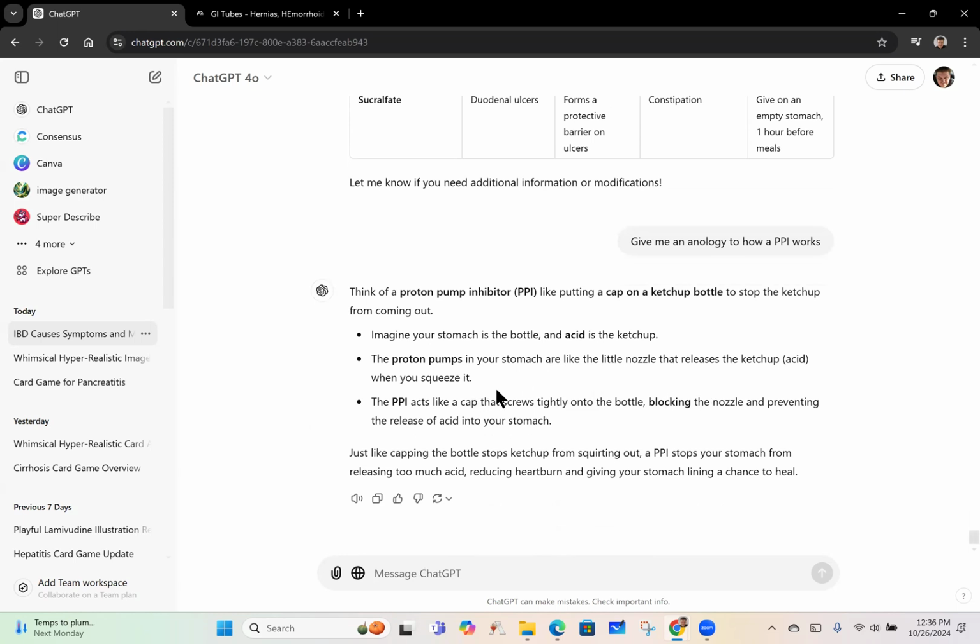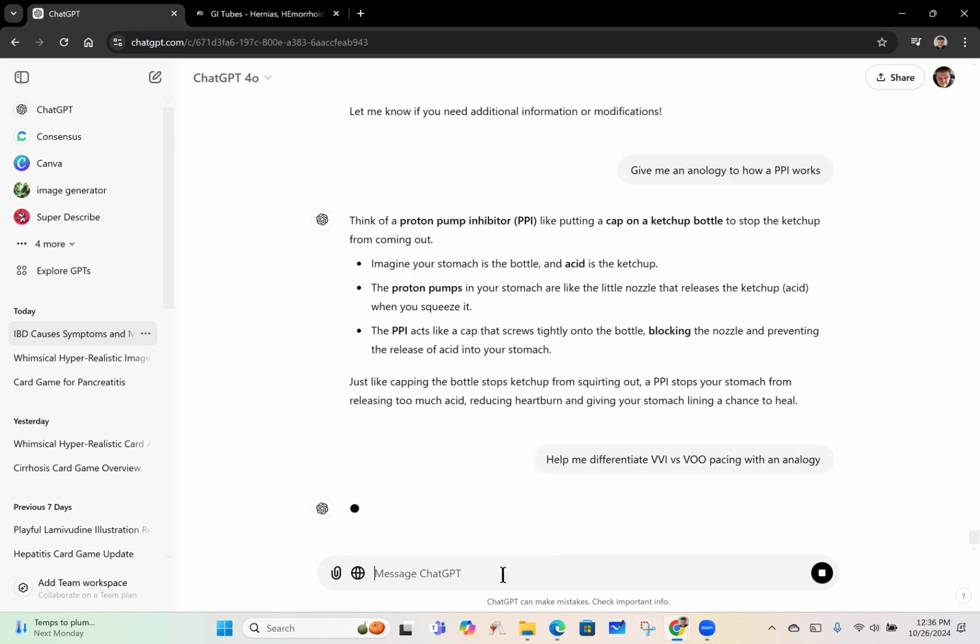Here's the ketchup, and you squeeze it. It's a screw that tightens on the bottle, blocking the nozzle, preventing the release of acid in your stomach. It's a great analogy, right? Or like, I don't understand VVI pacers versus VVO. Help me differentiate VVI versus VVO pacing with an analogy.